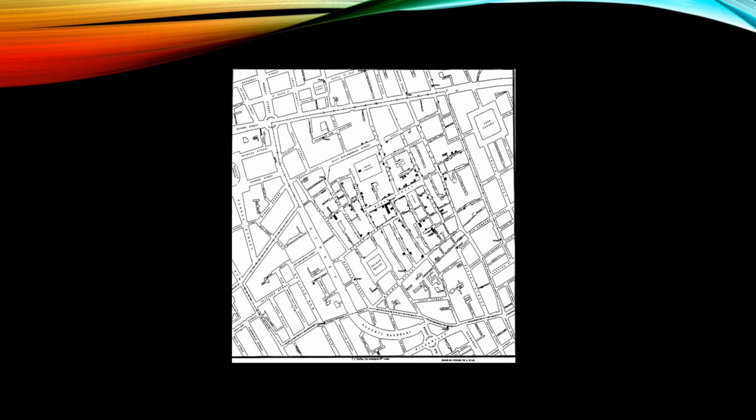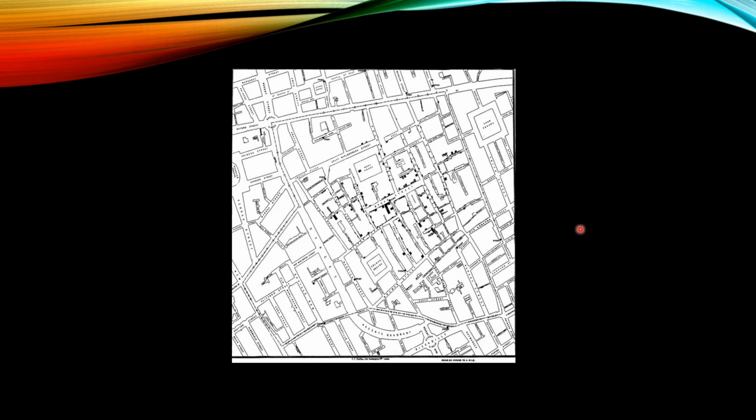To do that, he did something that can be considered novel at that time, something that is not established, something that's new. What he did was he actually got a map of the area of the cholera outbreak in London, and he then marked on the map the location of cholera cases, cholera incidents.